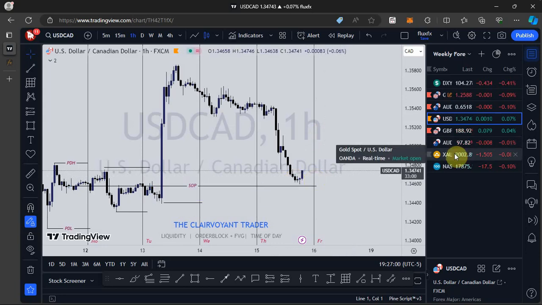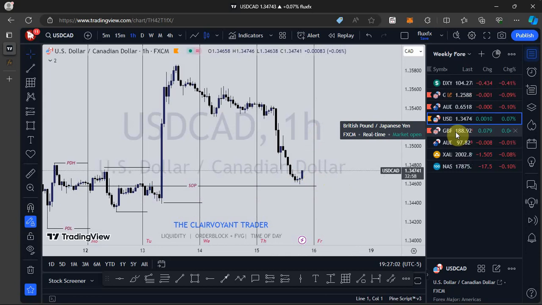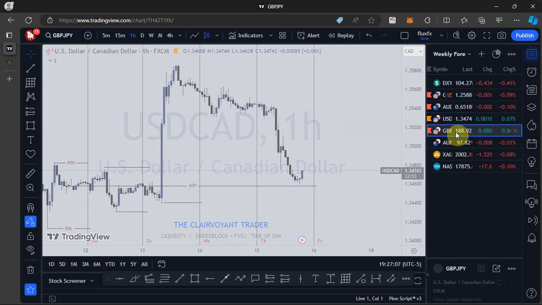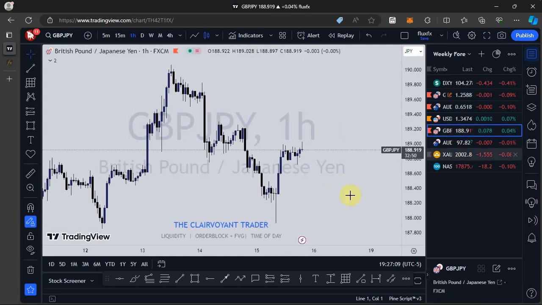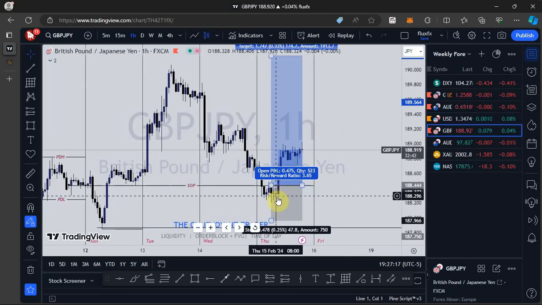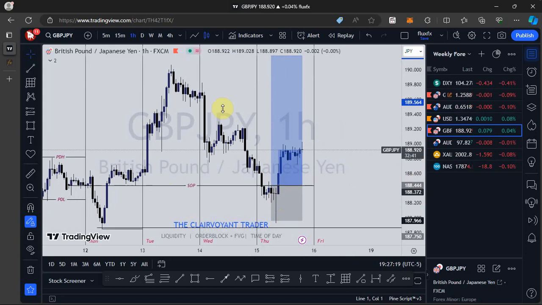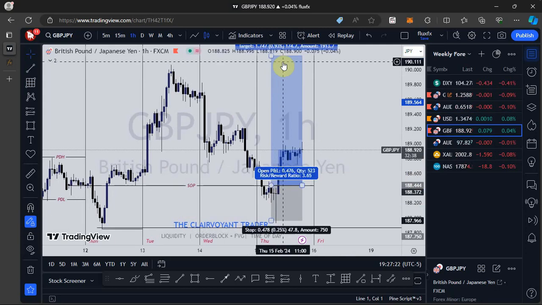Let's look at GBPJPY. For GBPJPY, if you are in the swing trading room, we are in a trade, a very massive one, of course. Let me show you. If you're not in the swing trading room, you're missing a lot. We took the trade right at this point, and our target is this high right here, which is about 174 pips.